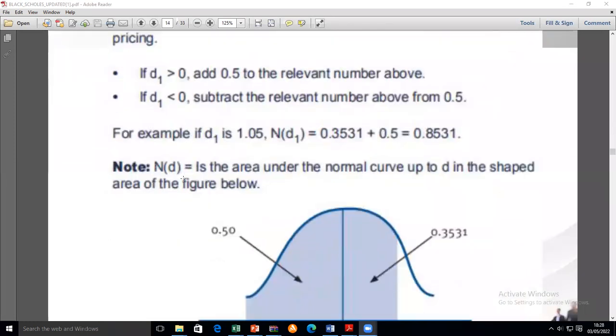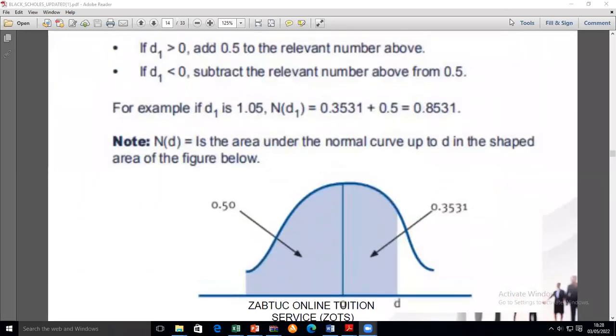What does that mean? 0.43 is positive. This is your 0 here. Because it's positive, it means that your D1 is here. So you're looking at the area from here all the way up to there. The graph will give us only this portion.